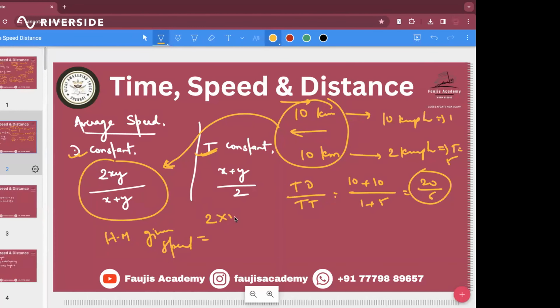So one is your 10, another one is your 2, divided by x plus y, that means 10 plus 2. So how much is that? 2 into 20 is 40, 40 divided by 12. That means 20 by 6. Over here you are also getting 20 by 6.